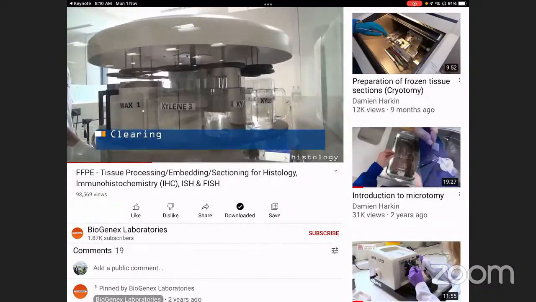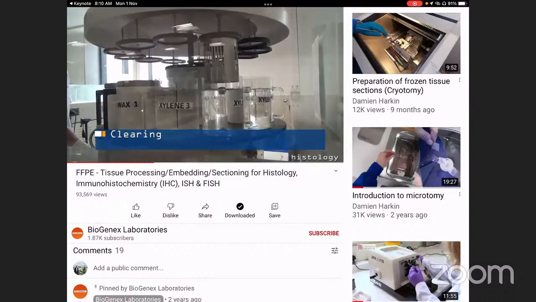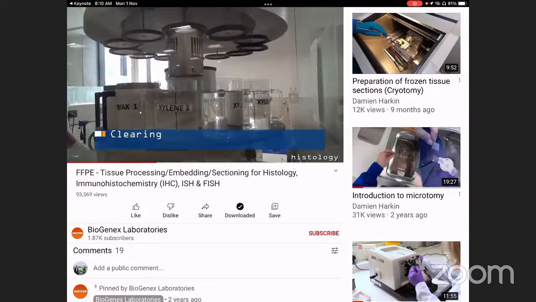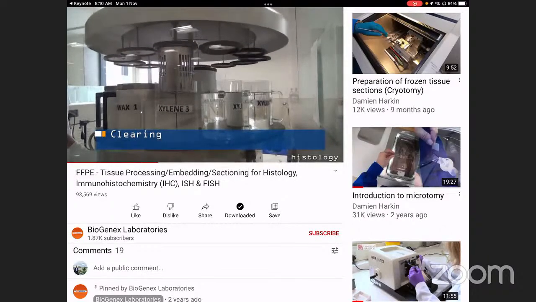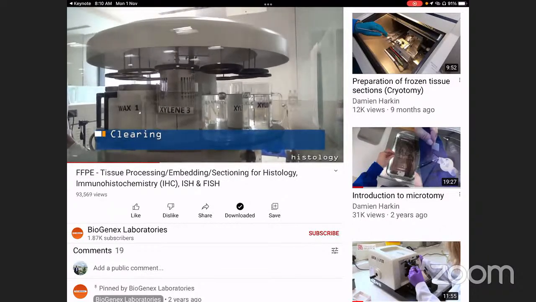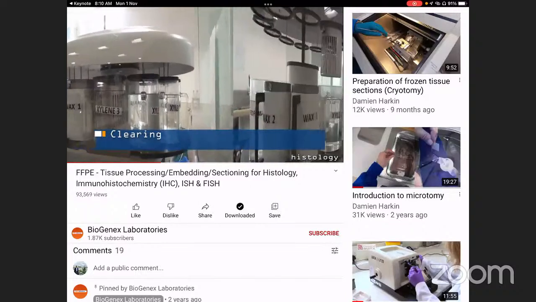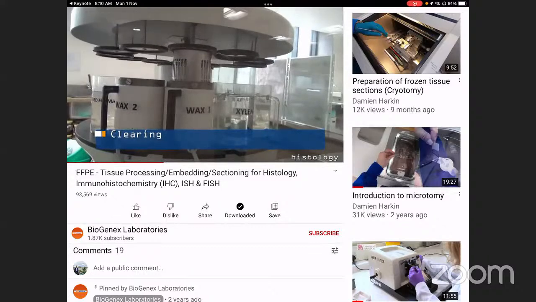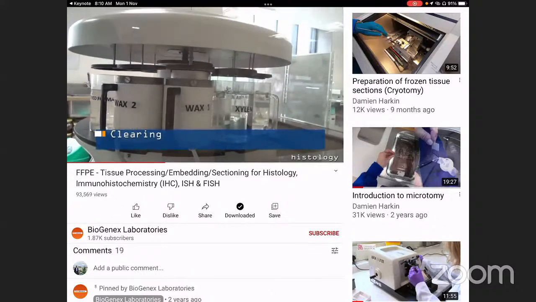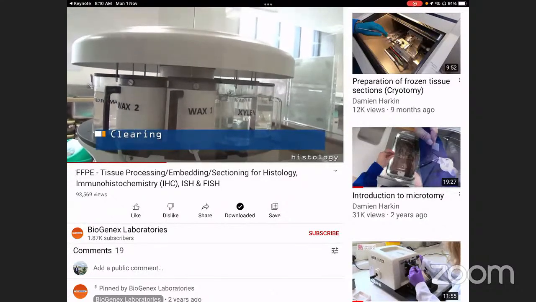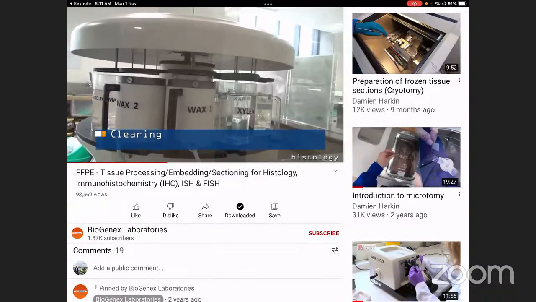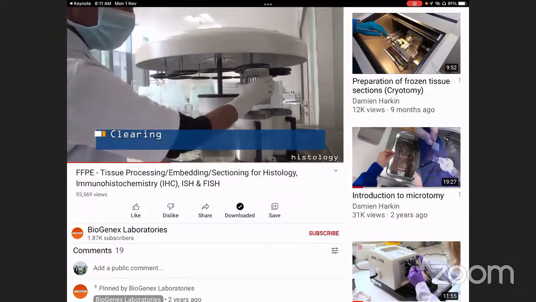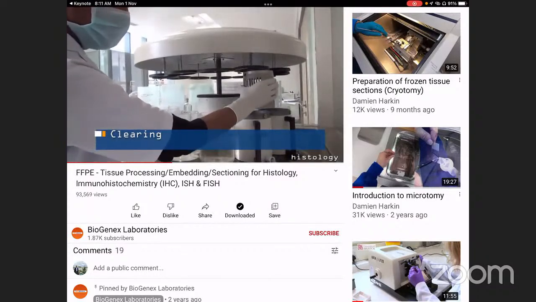Clearing. Since alcohol and paraffin are not miscible, alcohol must be replaced with an organic solvent that is miscible with both alcohol and paraffin. The tissues are usually put through 3 changes of the clearing agent and transferred to paraffin.